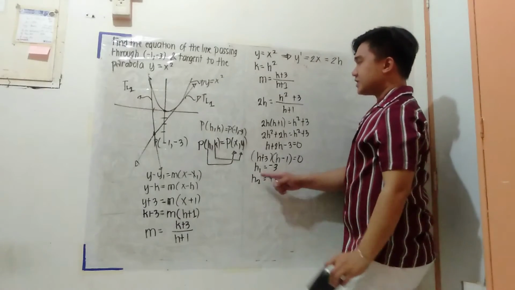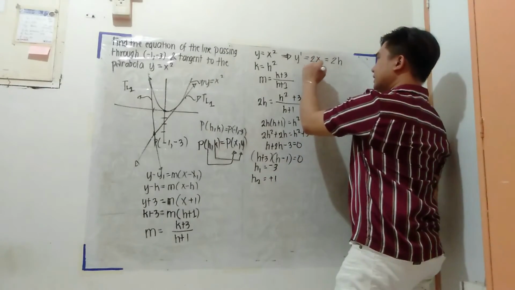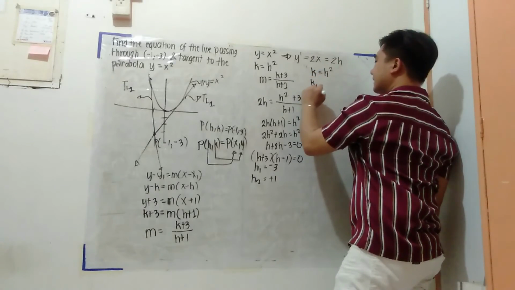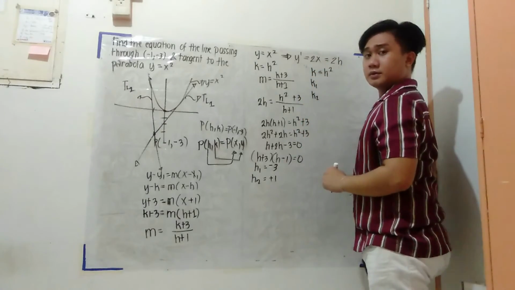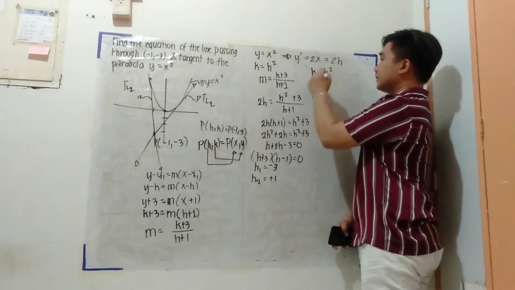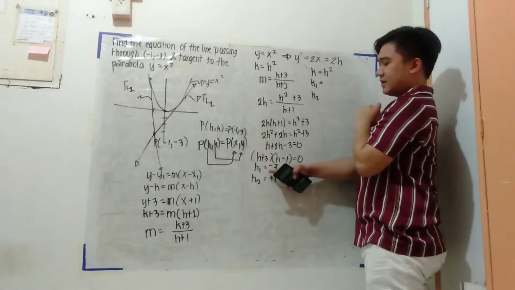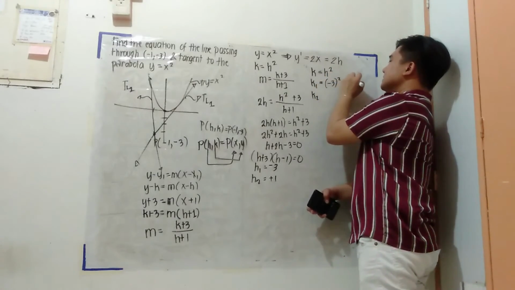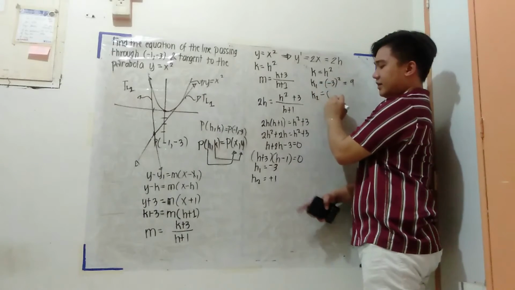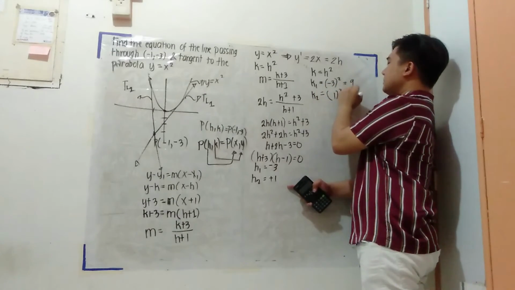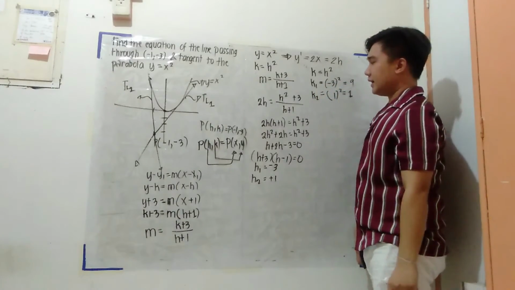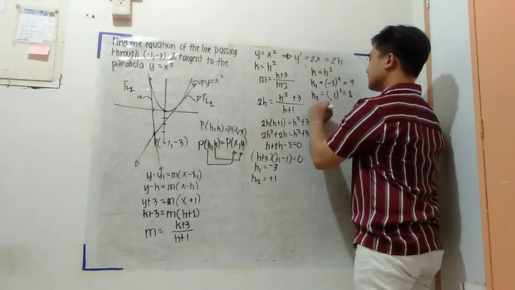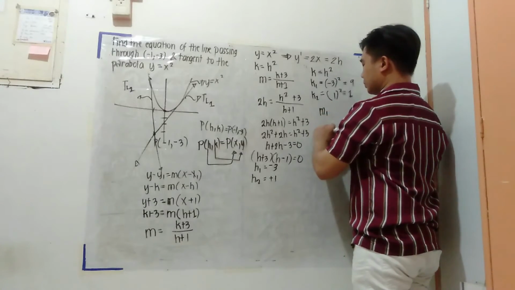Okay, may h1 at h2 tayo. So, given that k is equal to h squared, we can find k1 and k2 also. Kasi may h1 at h2 tayo. So, k1 is, if h is negative 3, so negative 3 squared, k is positive 9. What if positive 1 squared? Di positive 1. Okay? Meron na tayong h1, h2, k1, k2. Let's find m1 and m2.